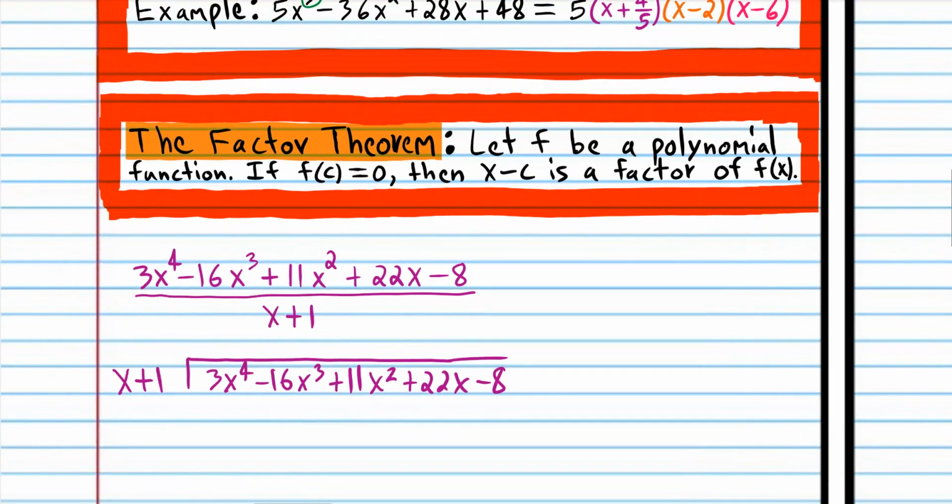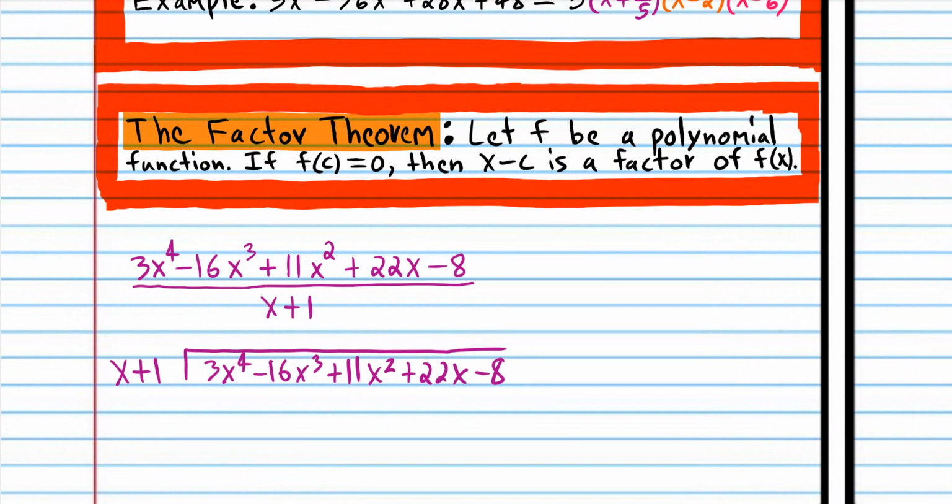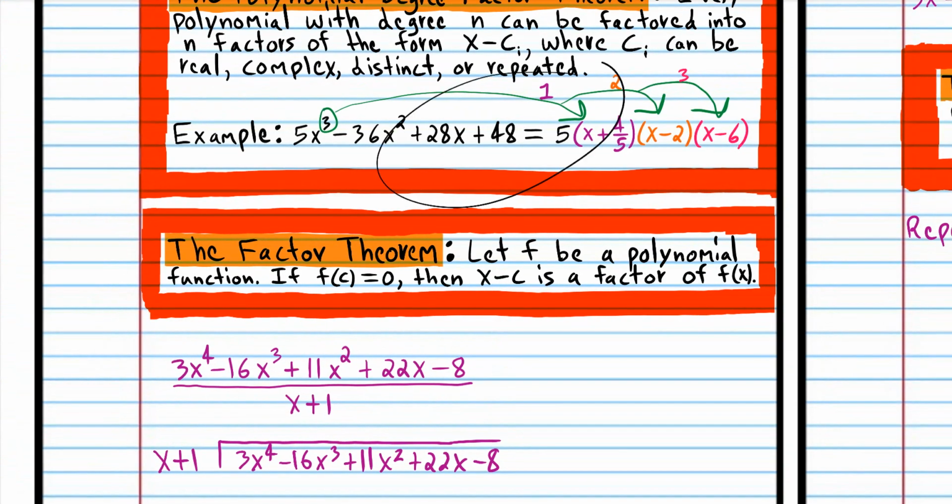And that leads us to the factor theorem. So let's say that f is a polynomial function. If you plug a number into that polynomial and you get 0, then x minus that number is a factor of f of x. So again, that's just a result of what we said up here.